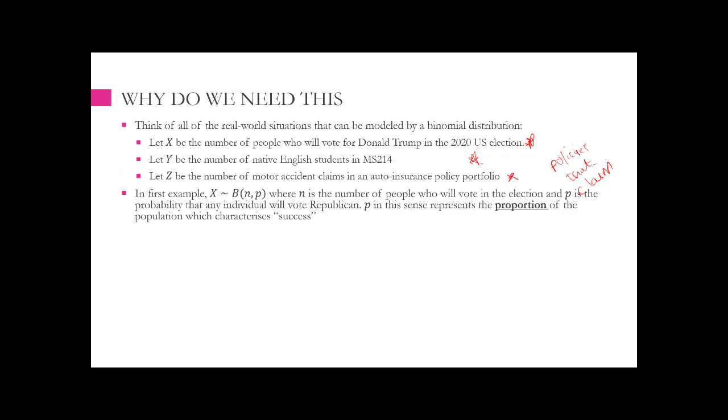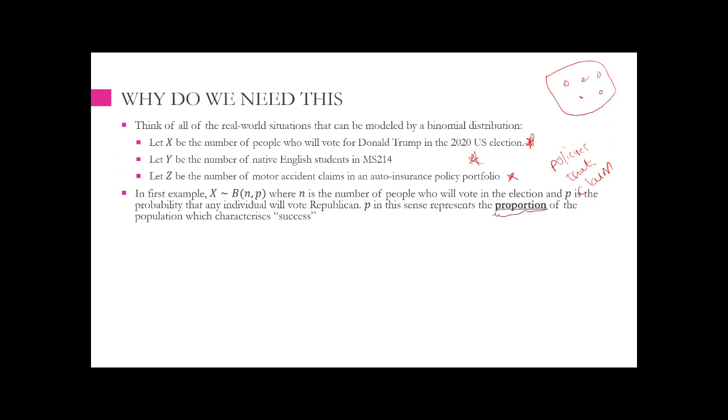But when you have a finite population, meaning you can count the number of people and it ends at a particular value, it doesn't go on to infinity, the probability of something happening for any particular individual is in a sense the same idea as the proportion of the population that has that successful characteristic.